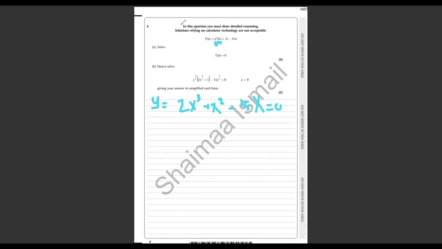So next we are going to take out x, so it will be x times (2x squared plus x minus 15). Here we have two brackets: 2x and another x.